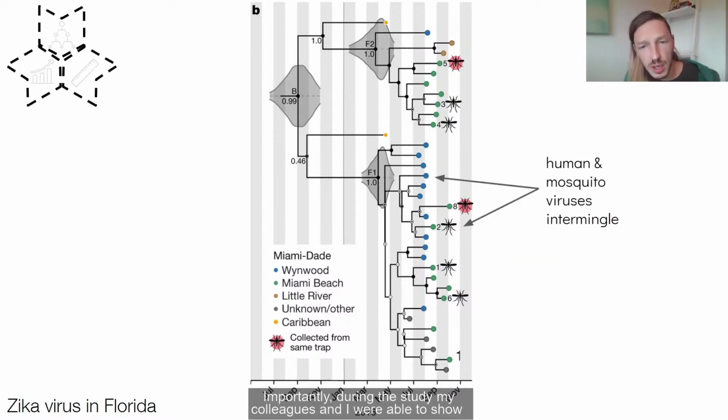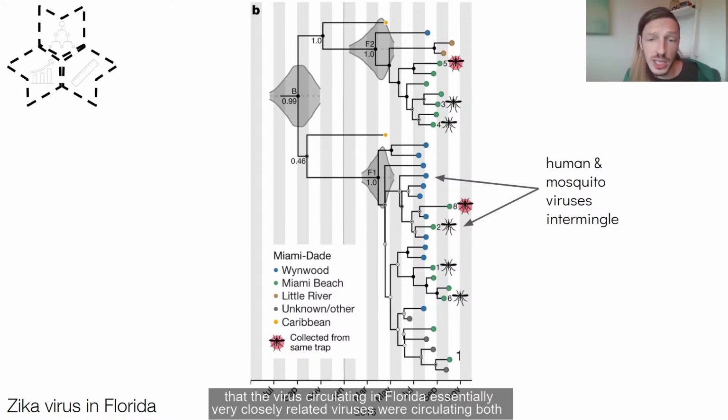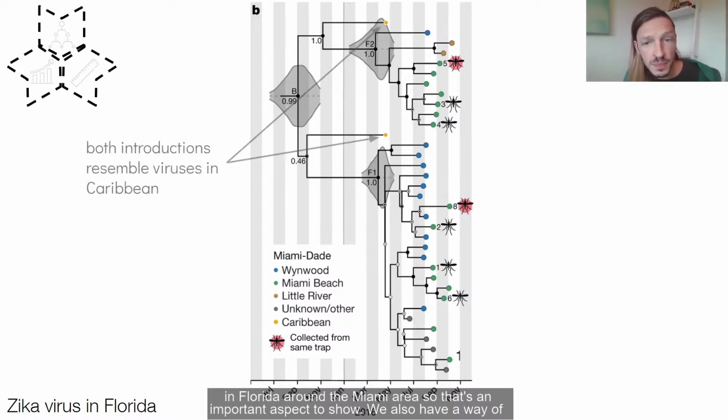Importantly, during the study, my colleagues and I were able to show that very closely related viruses were circulating both in humans that never traveled to Zika endemic areas, and also the mosquitoes that were caught in Florida around the Miami area. So that's an important aspect to show.